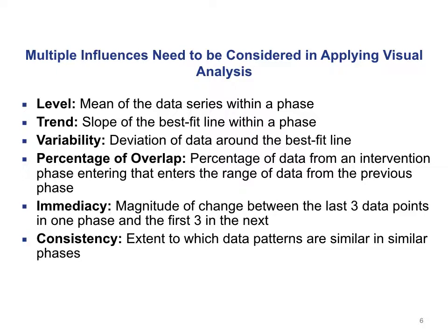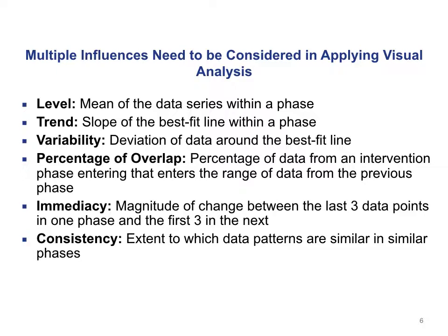Some of that overlap may be due to this next term, immediacy. So immediacy, this is the magnitude of change and how quickly it happens. Does that level change happen immediately, or did it take time? And we'll look at this data exemplars and look for immediacy of effect.